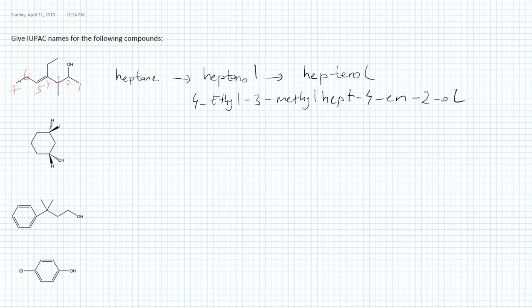So basically we have 3 substituents around the double bond, so we should use the E or Z naming system. I'm going to draw a rough skeletal structure again. 1, 2, 3, 4, 5, 6, and the double bond is here. We have here ethyl, we have methyl and hydroxy here, and then I'm going to draw with a red marker a hydrogen on the double bond.